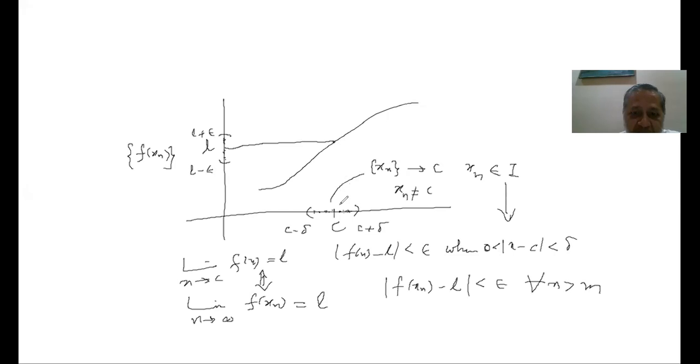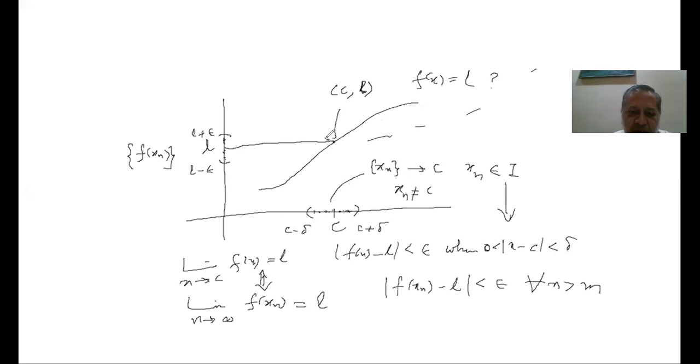When x is very, very close to C, y values are very, very close to L. L is the height of this point, whether function is defined at this point or not. This point has coordinates C, L. Now f(x) is equal to L or not, but this point has coordinates C, L.